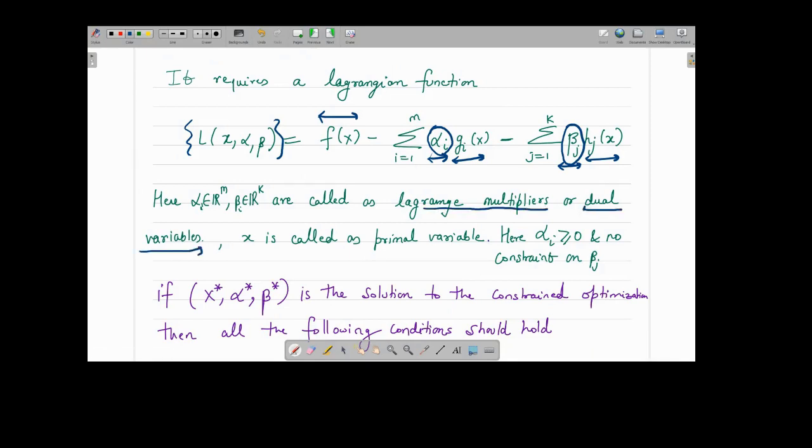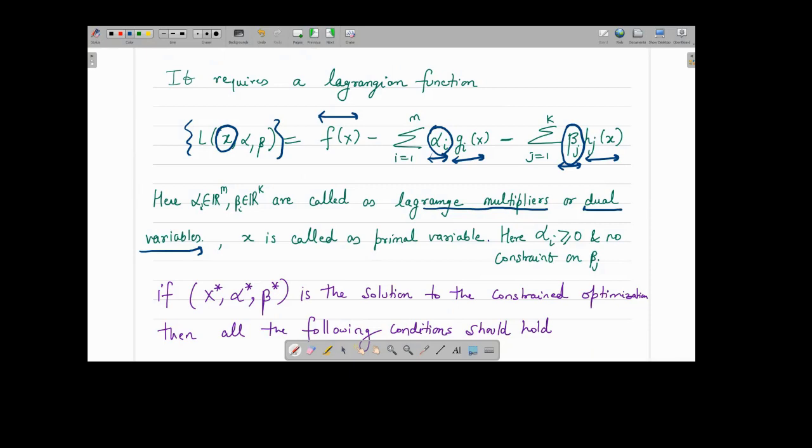We will come to know what this duality means, but the alphas and betas are the dual variables, okay? And x, the one which you are actually looking for, is the primal variable. So here x will be theta, and alpha and beta are the dual variables which we will be using temporarily to solve this particular optimization problem.